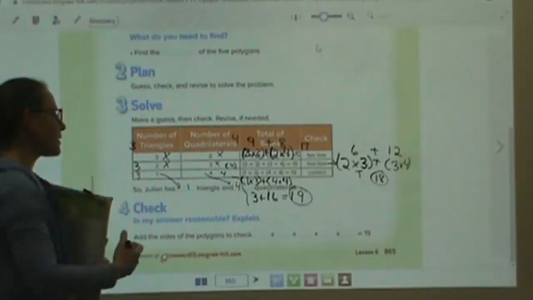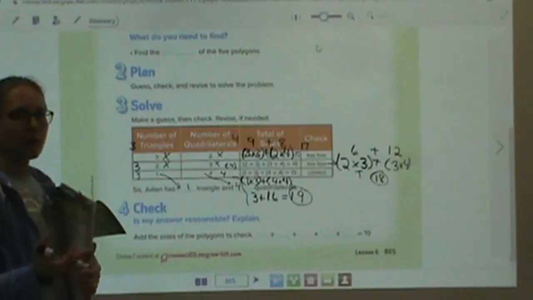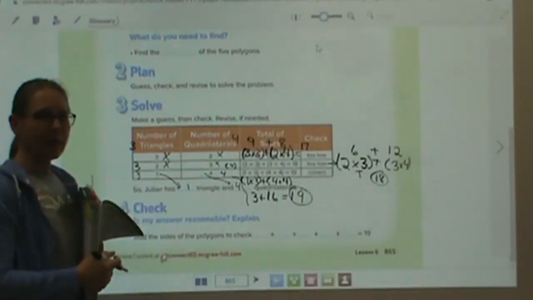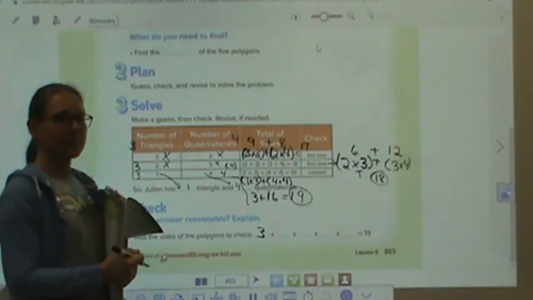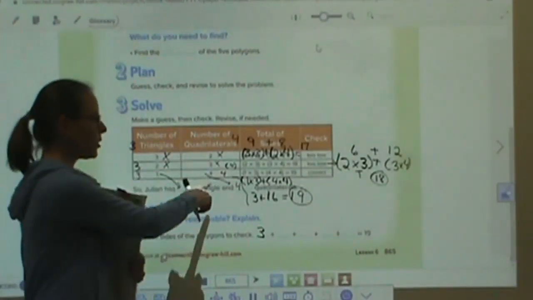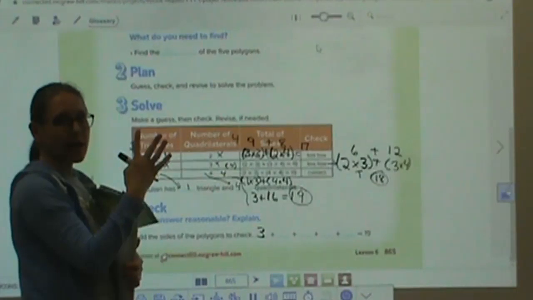So now we're going to add the sides of the polygon to check. So basically we're going to think back to our triangle. How many sides does 1 triangle have? 3. So we're going to put a 3 here. Now we're going to add each of the quadrilaterals. We know that she has 4 of those, and they have 4 sides each.